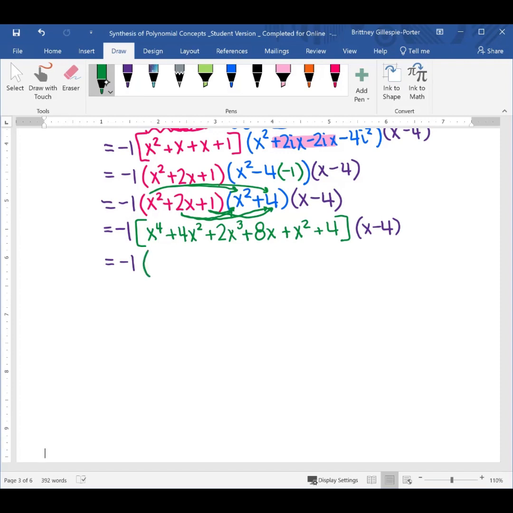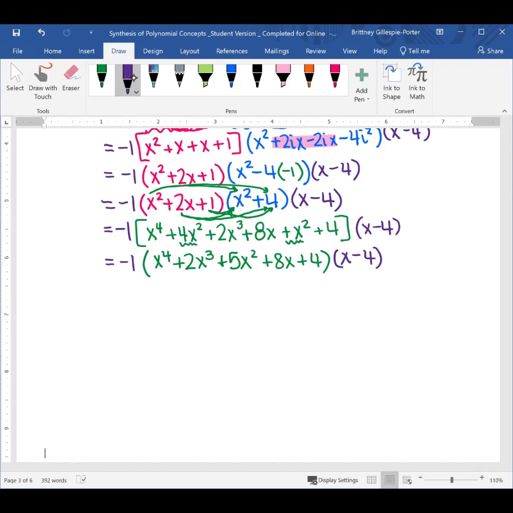Combining like terms and writing in descending order, I'm going to have x to the 4th plus 2x cubed plus 5x squared. These are the only things that actually combined, my 4x squared and my x squared. Plus 8x plus 4. I know this is long, it's tedious, but it could be a lot worse.